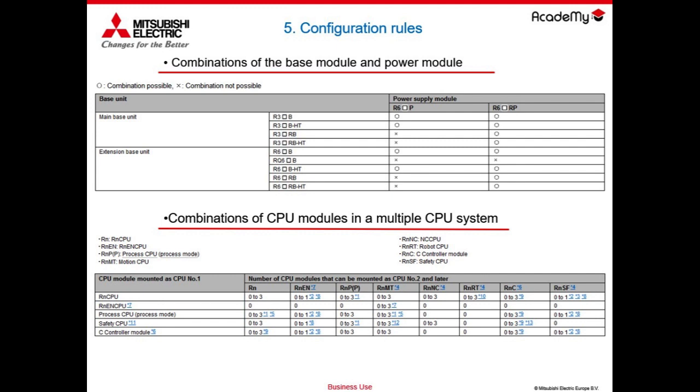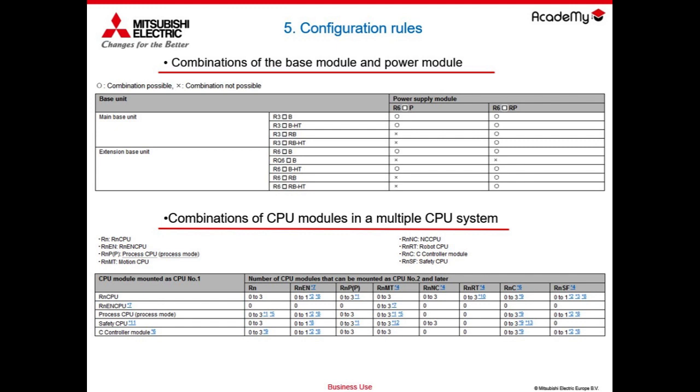For NC, the CPU for numerical control. RT, robot CPU. C is our controller C, SF the safety CPU. In fact, here we see reported in columns the CPUs that can be mounted in the first slot, so on the right of the power supply.